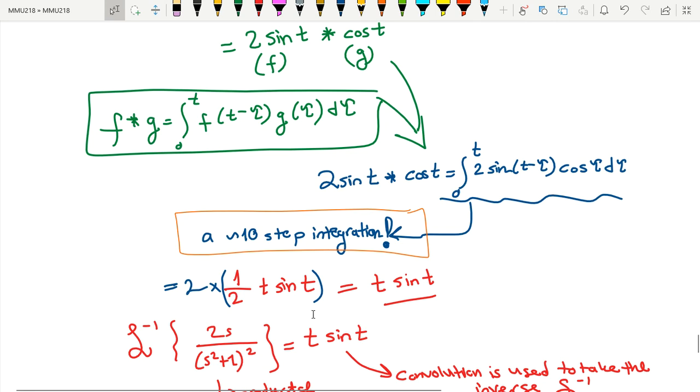You can have tables of these as well, and convolution tables will lead you to some solutions in one easy step, because if you can find a table that does that integration for you, you will reach one half t sine t right away, and then that corresponds, for our specific problem, to t sine t.